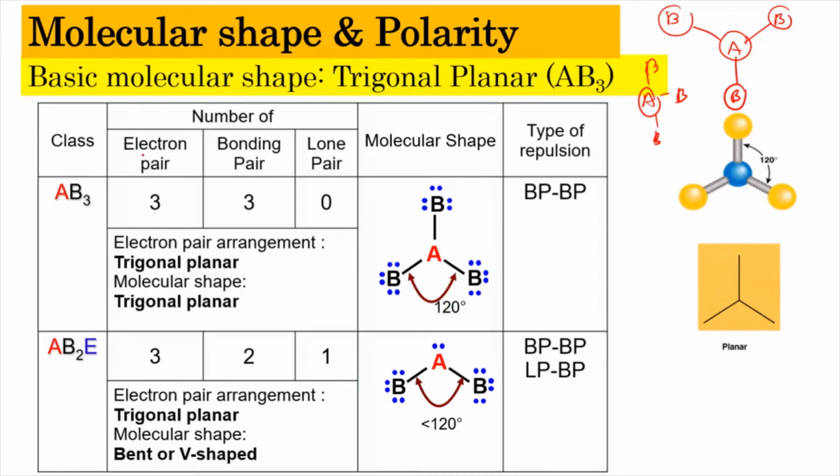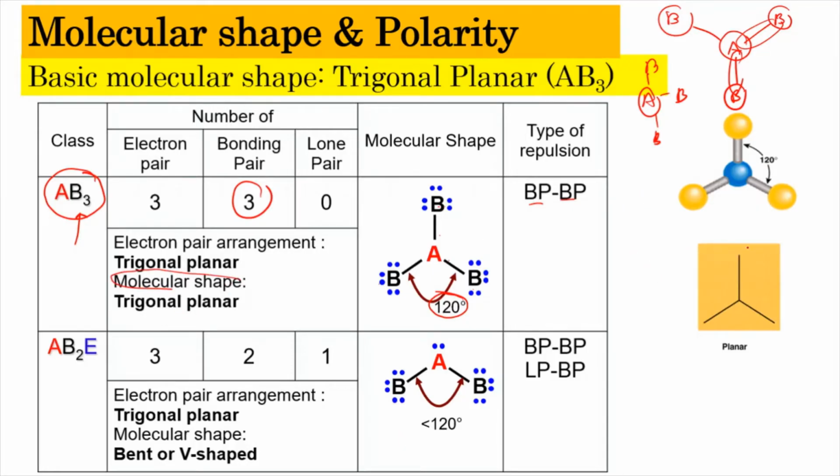So in this case, which is the class of AB3, all of them are bonding pairs. So we're going to put it in this structure, and they're going to have an angle of 120 degrees. And the type of repulsion that exists between the bonds here is bonding pair repulsion. And then the name of this molecular shape is known as the trigonal planar.